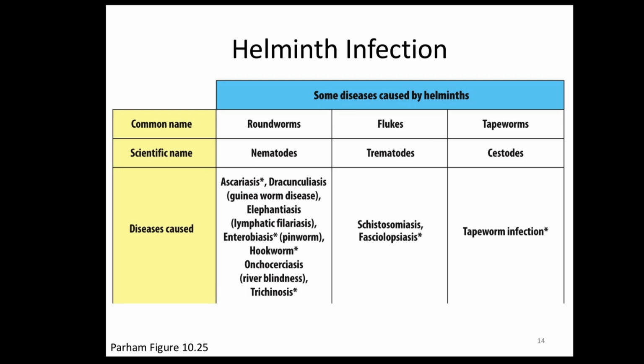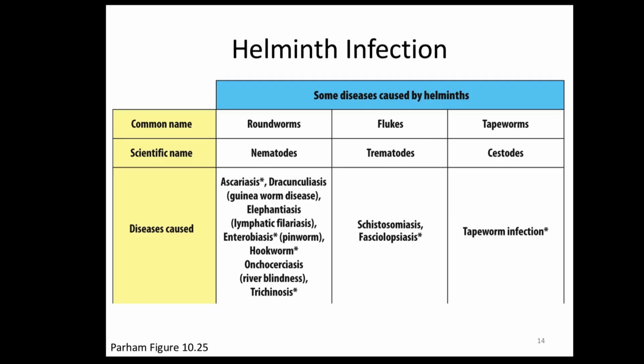When we think about helminths, these are different types of eukaryotic parasitic worms. There are many different types. They include roundworms, flukes, and tapeworms, and can lead to things like ascariasis. That was the one I showed you at the beginning of the semester with the person with the crazy huge amount of worms coming out of their GI tract.